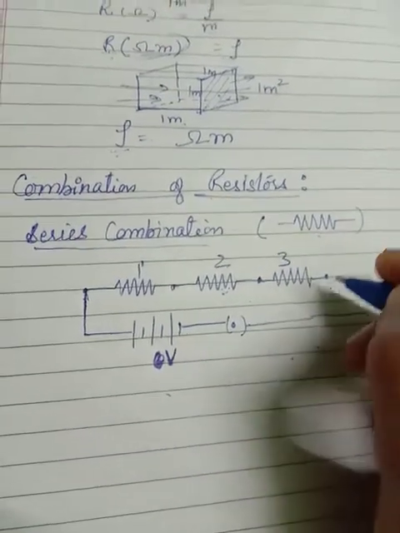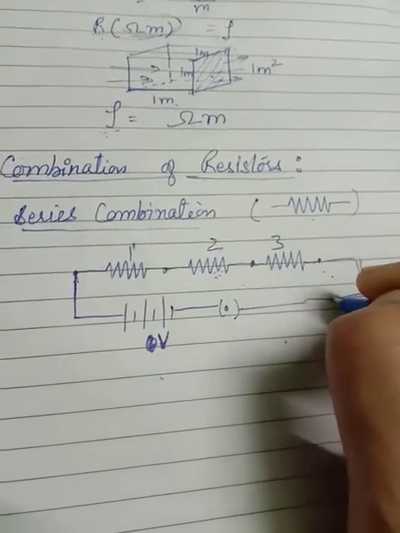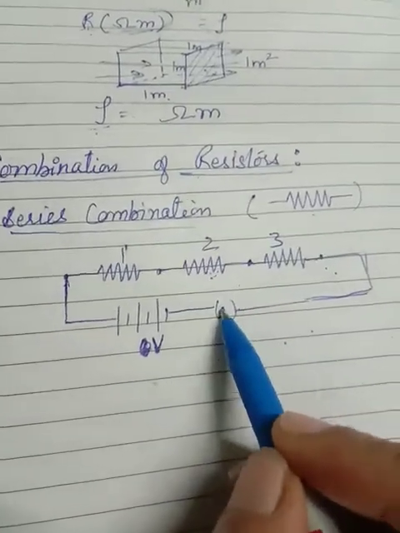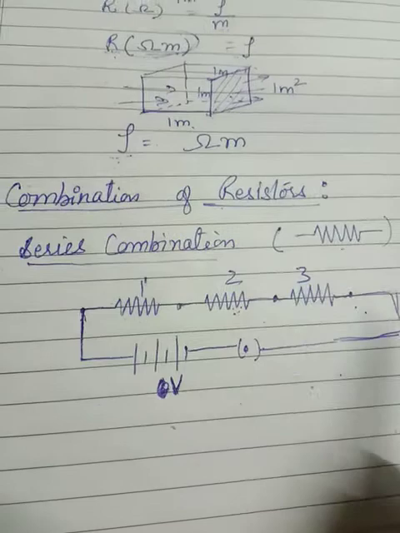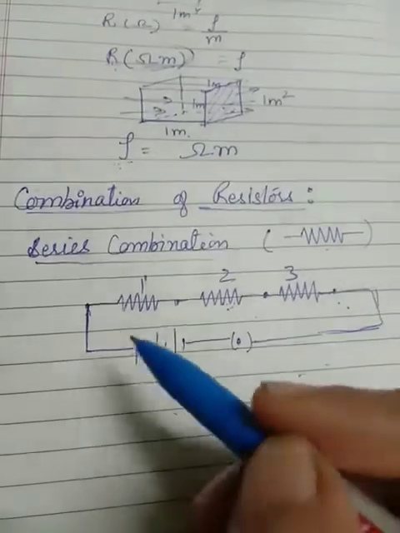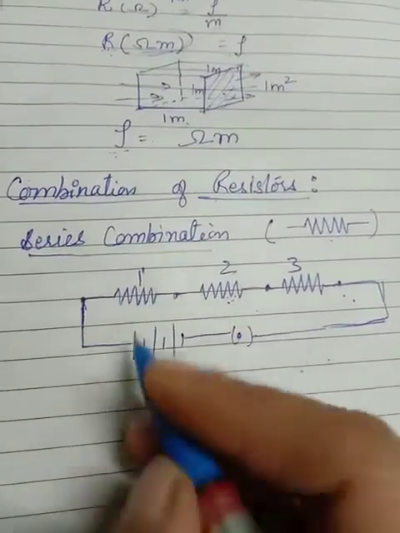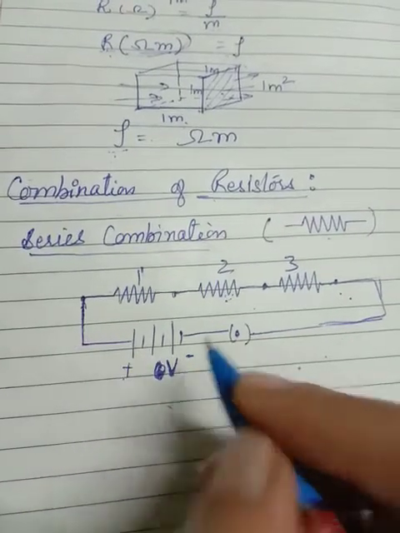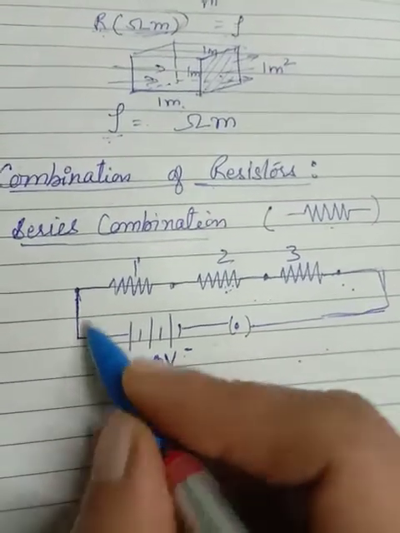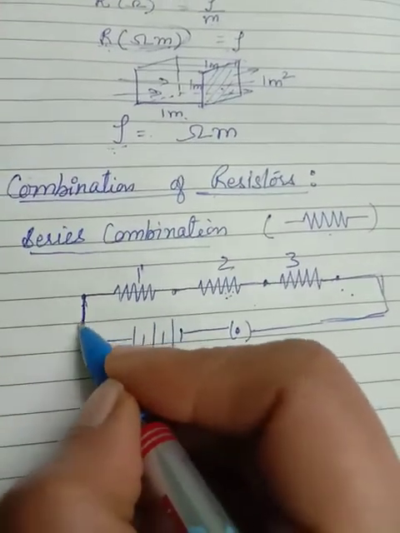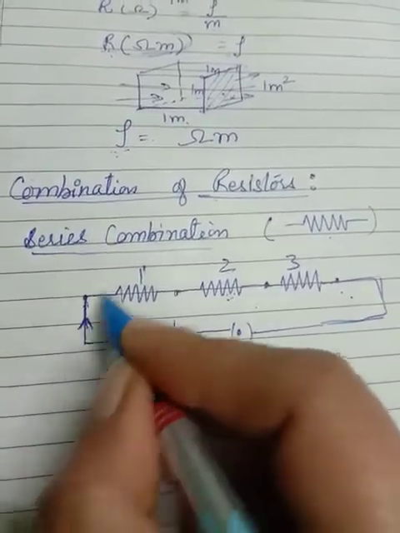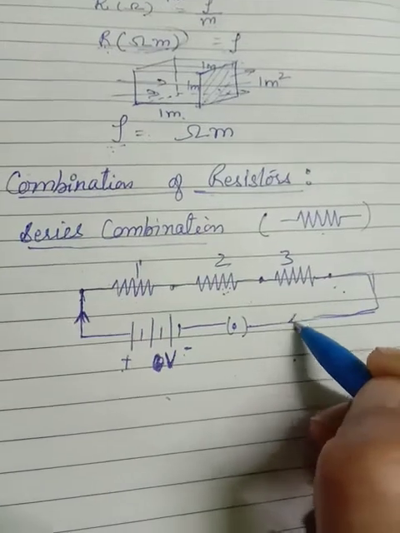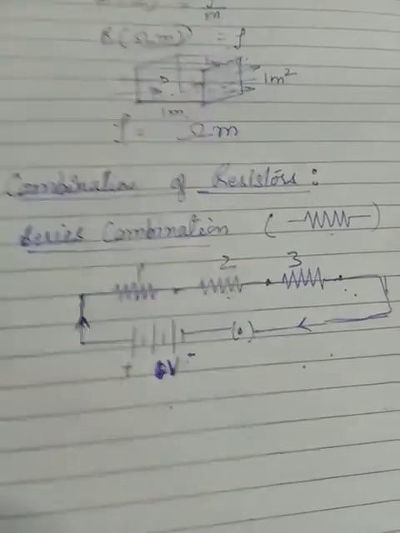Suppose now we have made a circuit like this. Whenever the key is closed, the switch is closed, our current will start moving. The direction of current is always taken from the positive end to the negative end, bigger one positive and smaller one negative. The flow of current is the conventional current, that is always taken from positive to negative. This is simply convention.